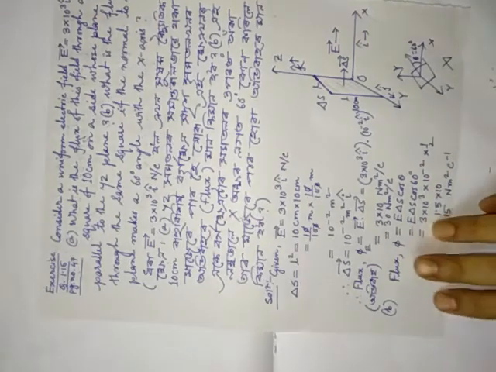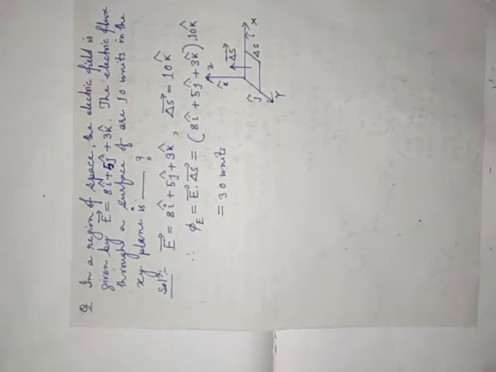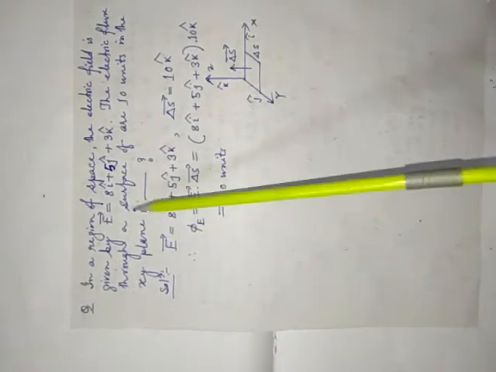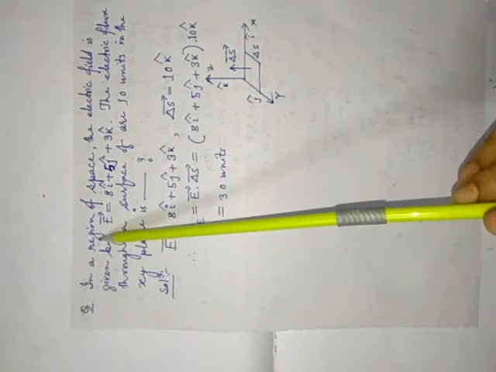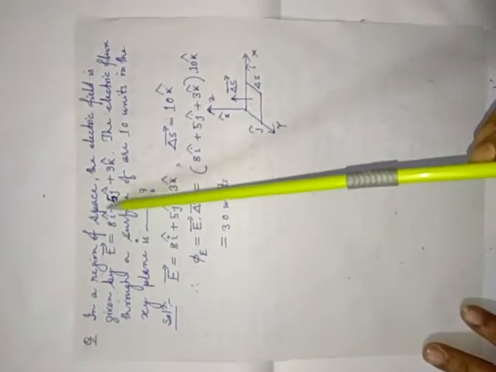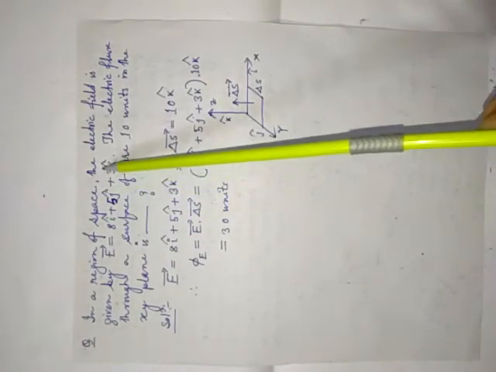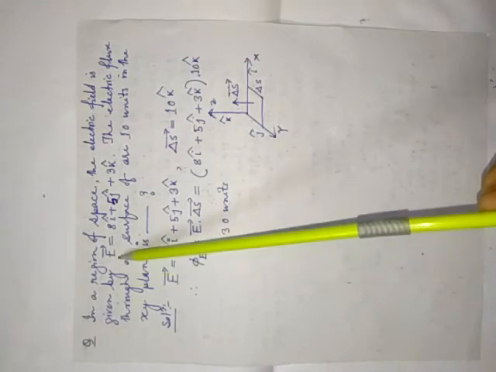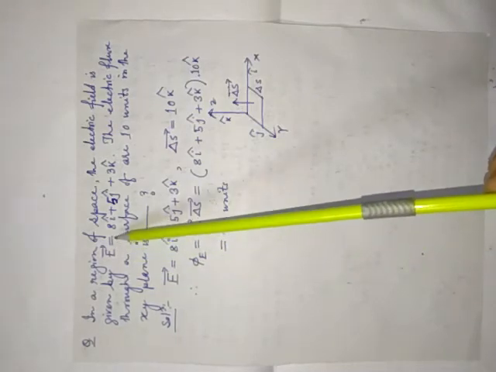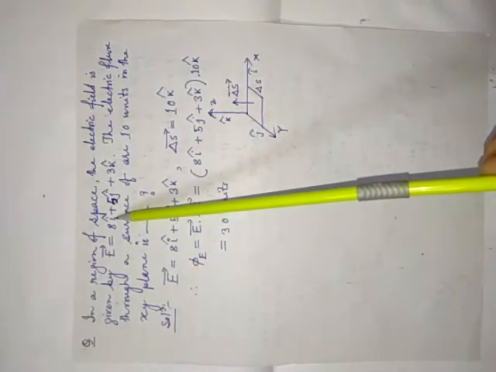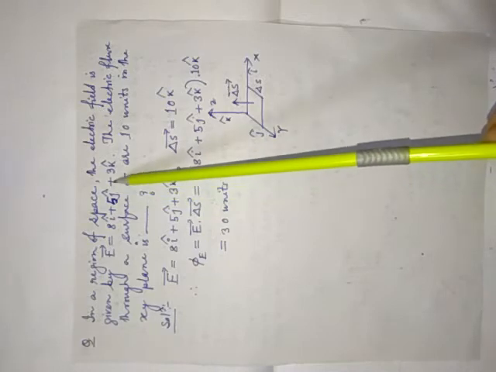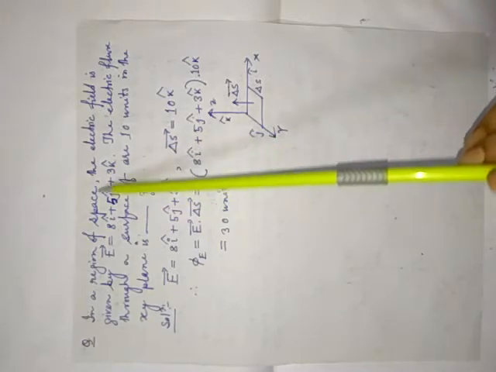And now one numerical I would like to solve. It is not given in your book, but important. It will also clarify your concept. In a region of space, certain region, okay, the electric field is given by E vector equal to 8 i cap plus 5 j cap plus 3 k cap. Electric field is given.